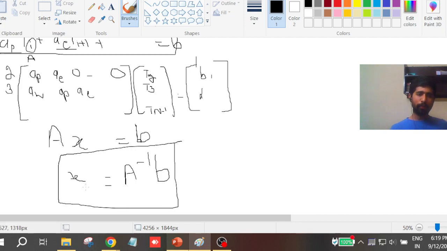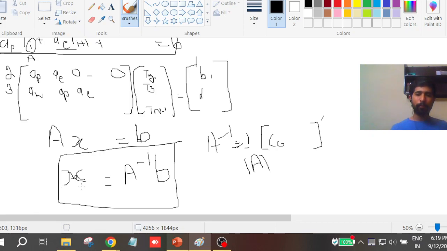We directly calculated A inverse using 1 by determinant of A into the transpose of the cofactor, the adjoint matrix. We used to find that matrix first, then calculate A inverse, multiply it with the B matrix and get X. But this is not viable in CFD.